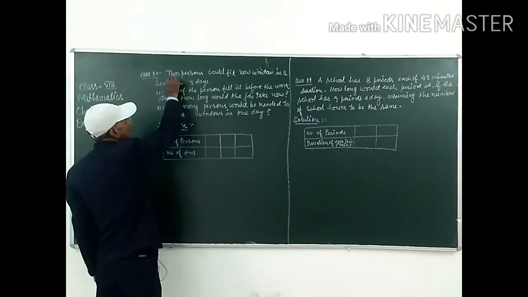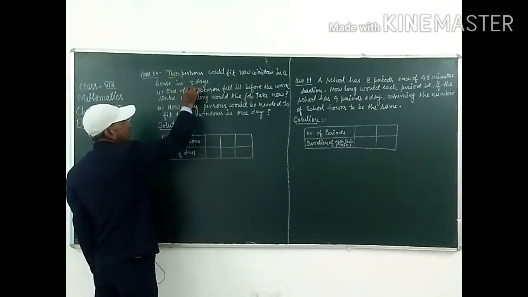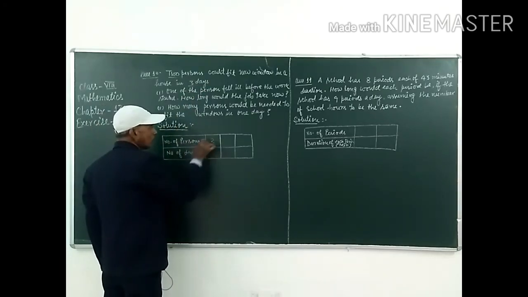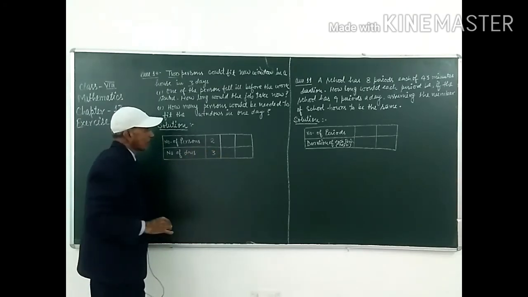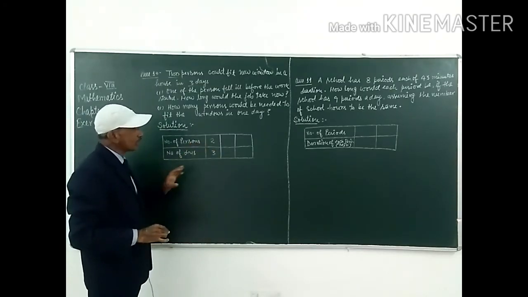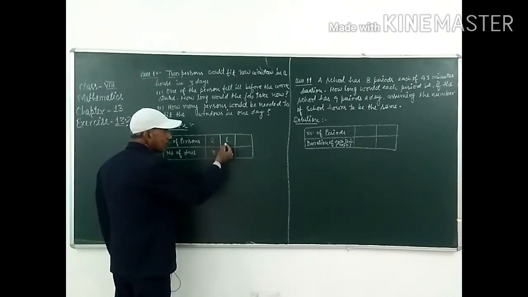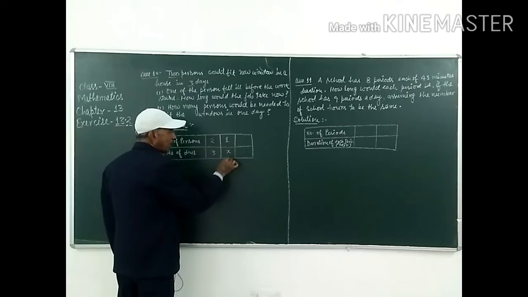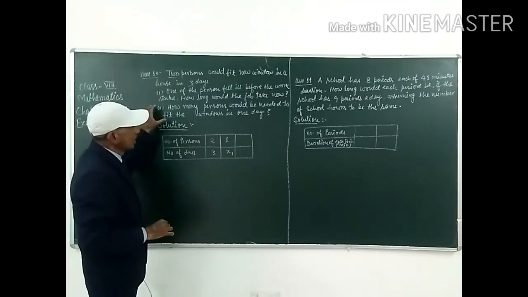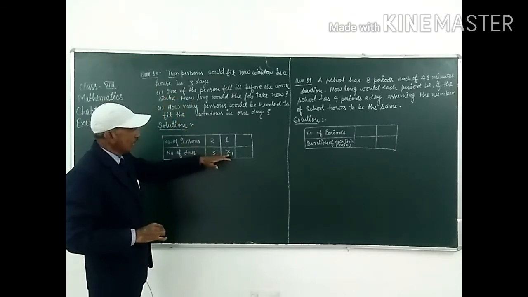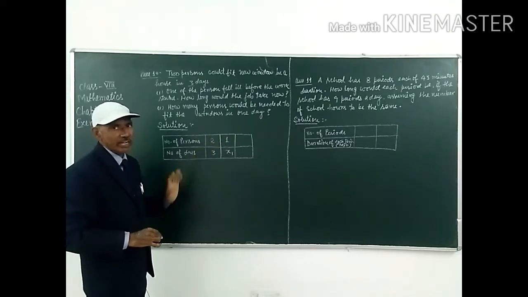So first of all, 2 persons can complete it in 3 days. So the number of persons is 2 and the number of days is 3. Let the persons complete this job in x days, or x1 days, because there are 2 parts, students. For the first part we have taken x1, and for the second part we will take x2.